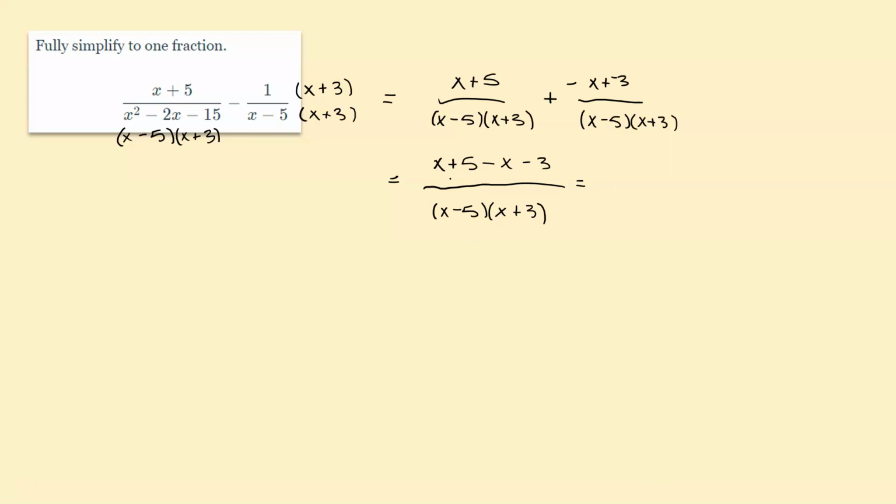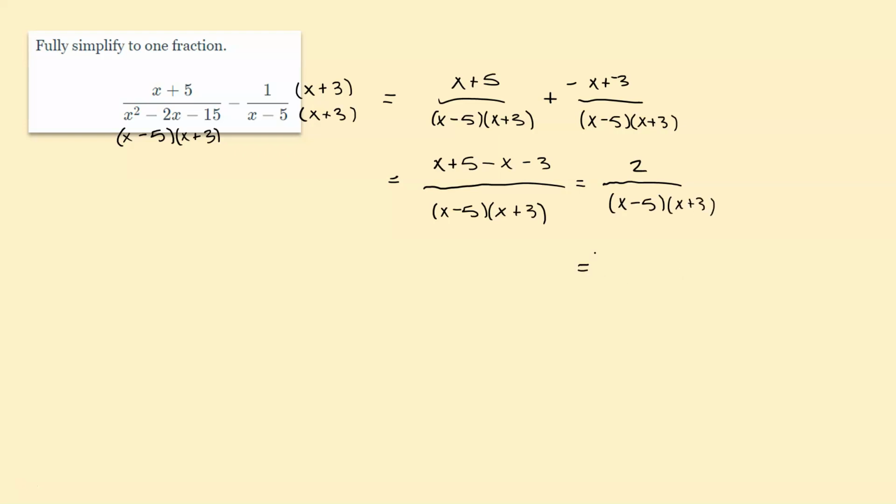And then we can combine like terms. So we have x minus x. The x actually disappears in the numerator. And then we just have 2. 5 minus 3 is 2. And so that tells me that we're not going to have any factors that cancel here.